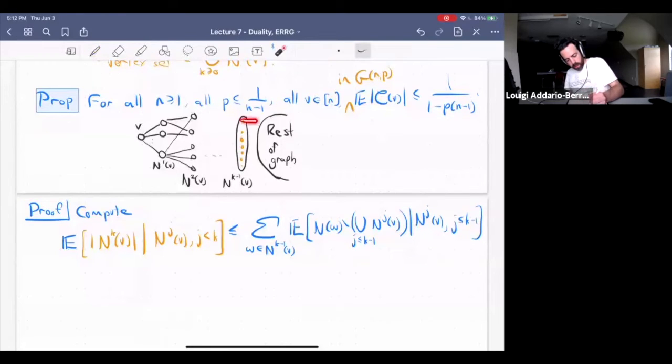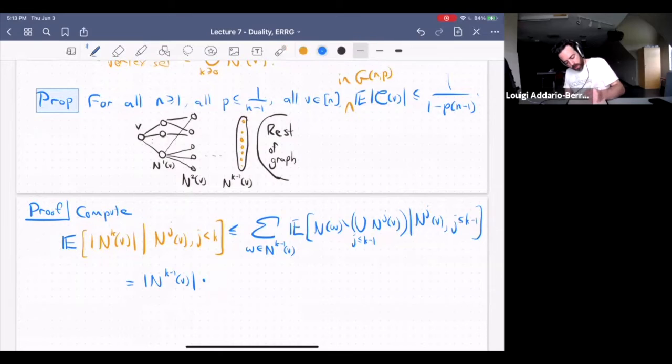The expected number of neighbors of each vertex in the rest of the graph is exactly the same by the symmetry of the model. So this is just the size of N_{k-1}(v) times, for a given vertex in N_{k-1}(v), a binomial number of neighbors in the rest of the graph with success probability p.